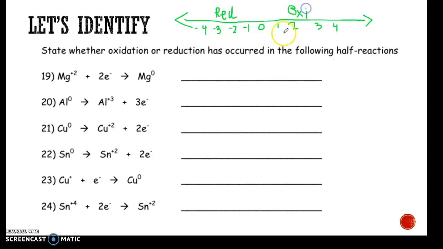So remember, reduction, we gain electrons, reduce. When you gain more electrons, you become more negative because electrons are negative. And when we have oxidation, LEO, lose electrons oxidize. When we lose a negative particle, we become more positive. So we end up on the positive side. This number line should help you out a little bit.